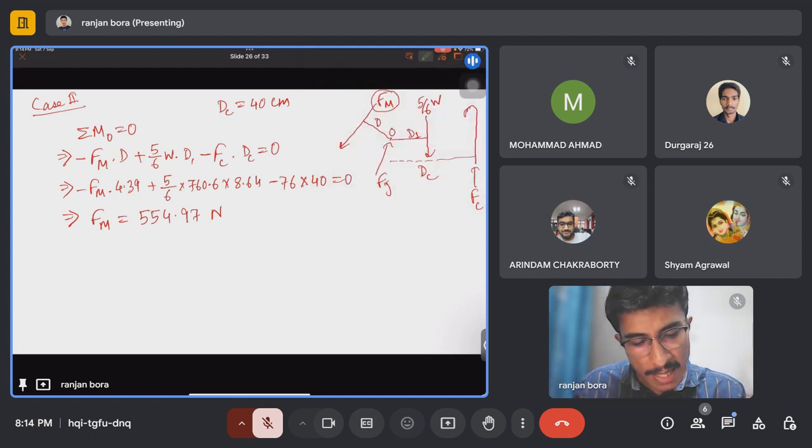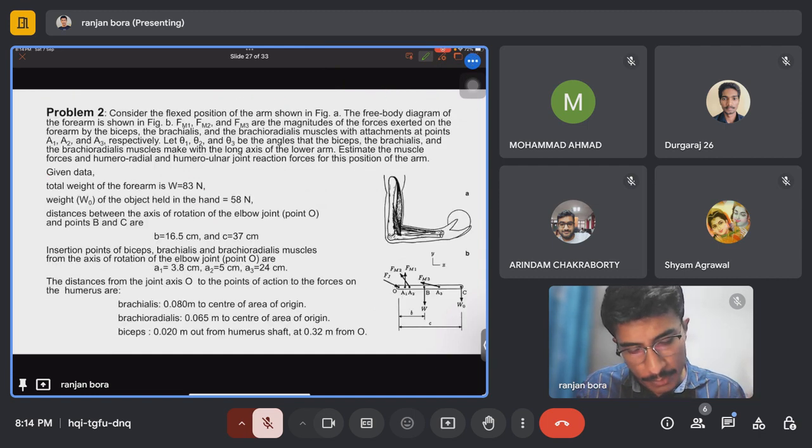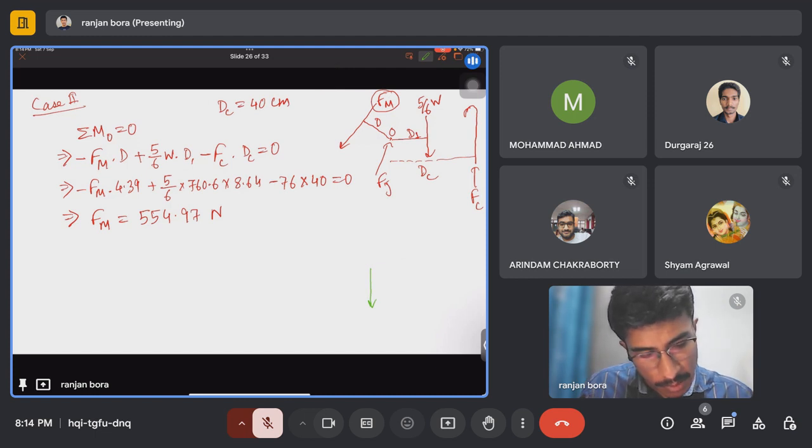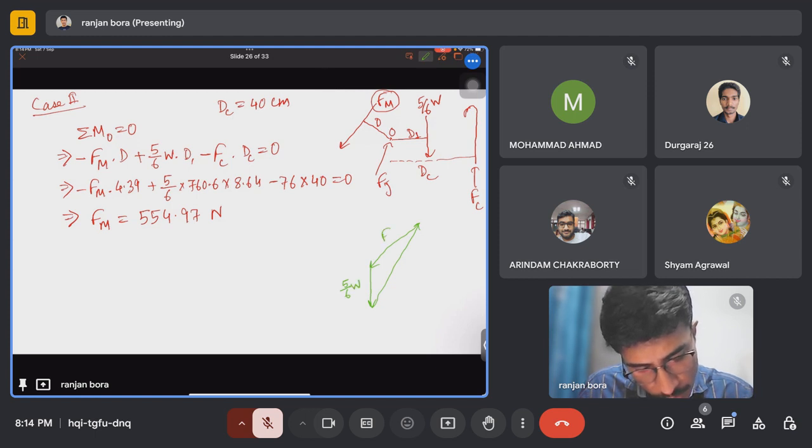Again, we will find the FJ using the vector method. We have 5 by 6 W here, 5 by 6 W, then FJ is acting in this direction. This is FM. And this angle was 167.